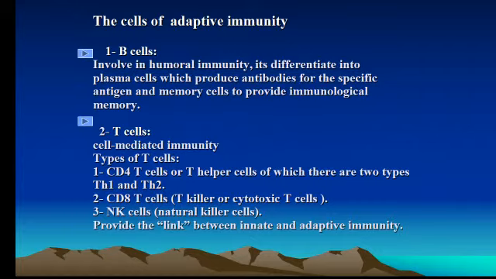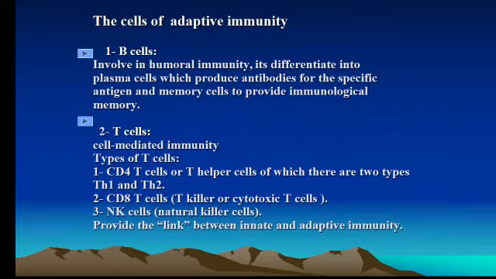Let's repeat that briefly, because we are studying this pathological functionality and mechanism. Number 1, B cells are involved in the humoral immunity, as we mentioned before, and they differentiate into plasma cells, which produce antibodies for the specific antigen, and memory cells, which provide immunological memory.